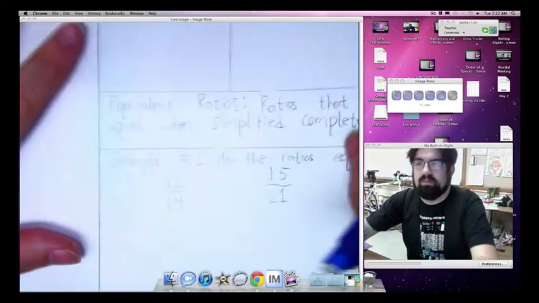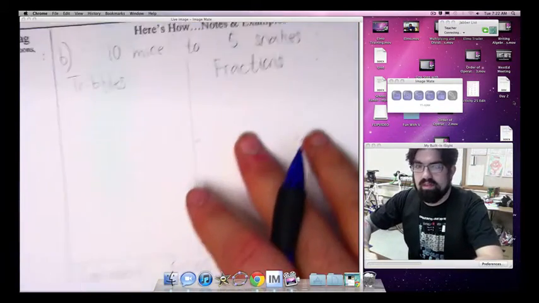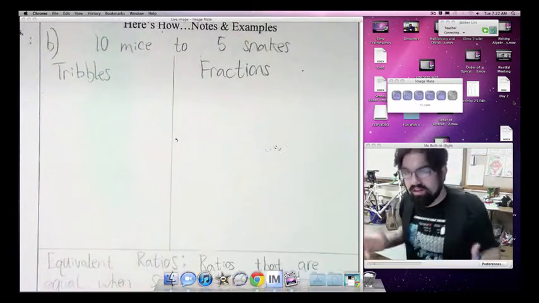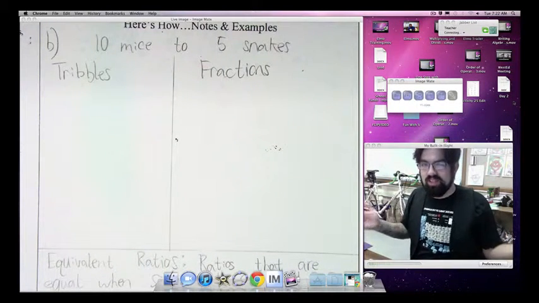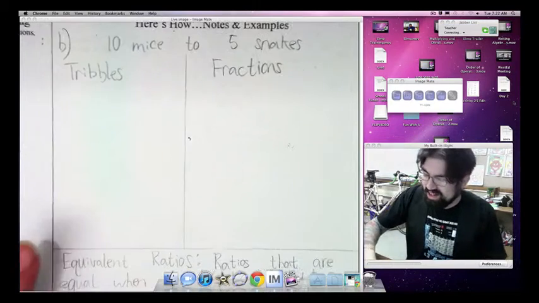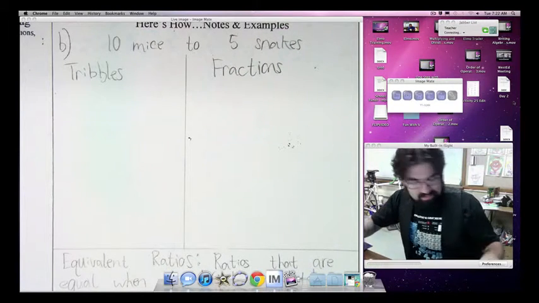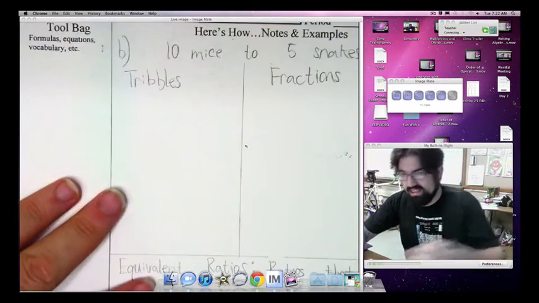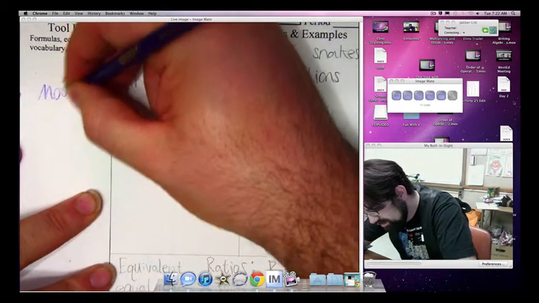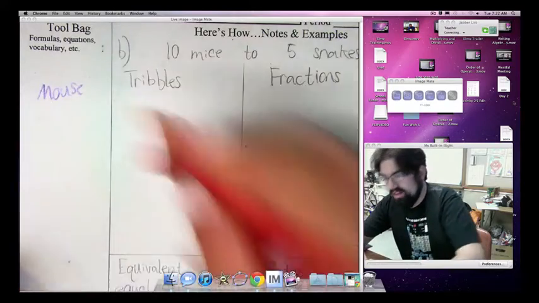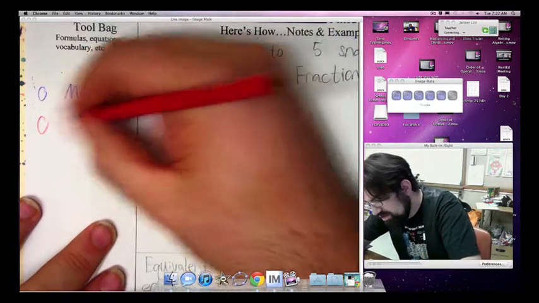Let's do another example. Let's say I have 10 mice to 5 snakes, because I have to feed each. Well, let's think about that. I have 10 mice to 5 snakes, so I'm gonna draw a little key again. So let's say this is a mouse, and this is a snake.